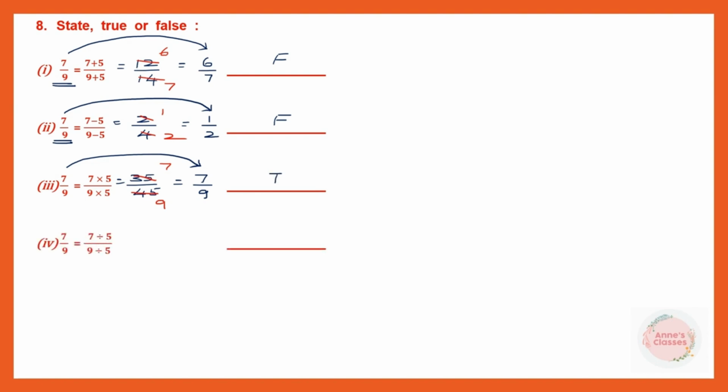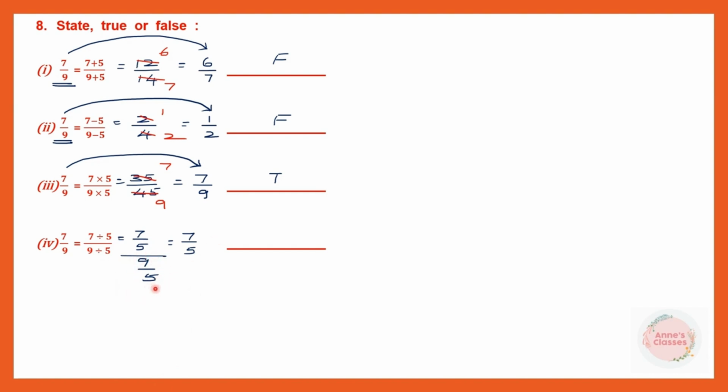Question 4. 7 by 9 is equal to 7 divided by 5 and 9 divided by 5. So let's work this out and see. So this will be 7 divided by 5 divided by 9 by 5. So how do we write this? We write this as 7 by 5. Now when you take this 9 by 5 to the top there, you write the reciprocal of this.